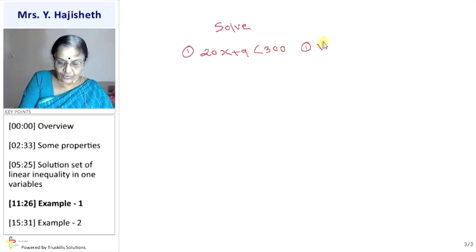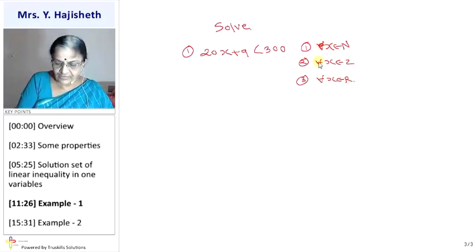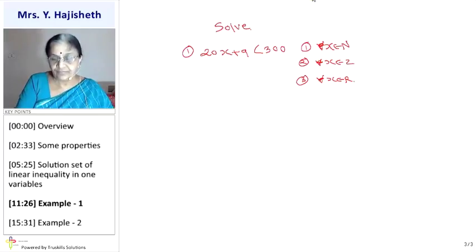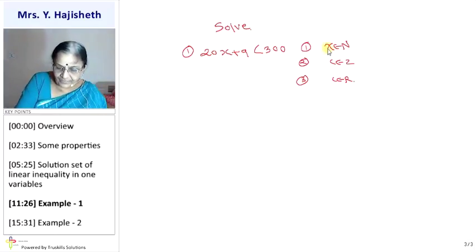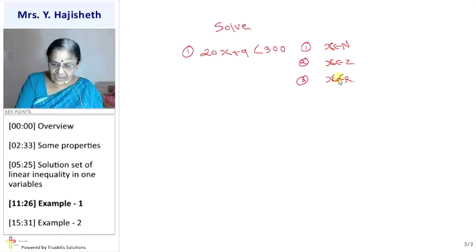The first condition given is for all x belongs to N. The second is for all x belongs to Z, and the third is for all x belongs to R. You are asked to find the solution set of 20x plus 9 less than 300, where the restriction given is x belongs to N, then x belongs to Z, then x belongs to R. That means my solution should be in R.